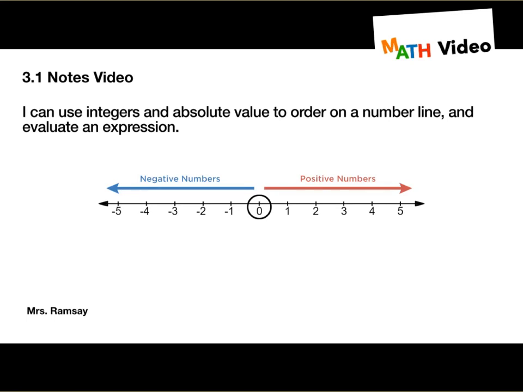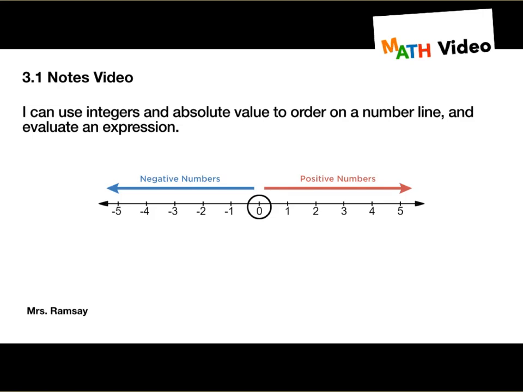All right, let's look at our 3.1 notes video, learning objective. For this lesson, we are going to focus on using integers and absolute value to order on a number line, and we're going to learn how to evaluate an expression. The graphic that we're going to be using is the number line that you can see, not only when it's given to us, but also being able to graph on a blank number line.